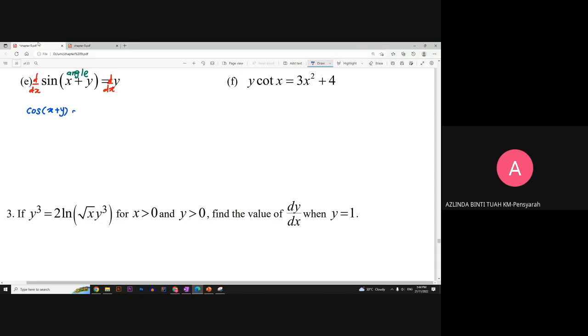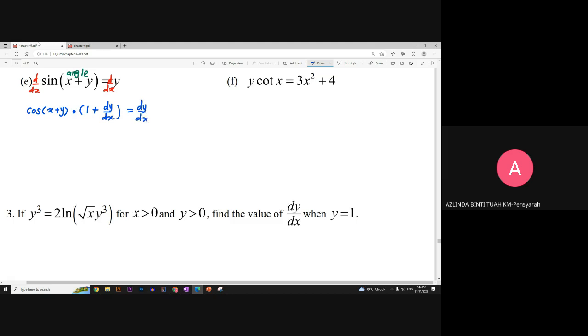And then times, the second step is to differentiate the angle. Differentiate angle with 2 terms. First term, differentiate x is 1, plus differentiate y is dy per dx. And on the right, we have dy per dx.